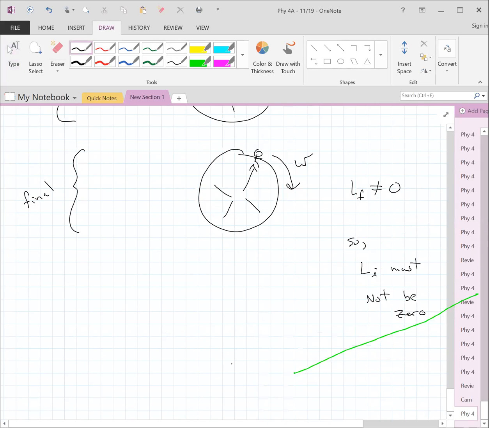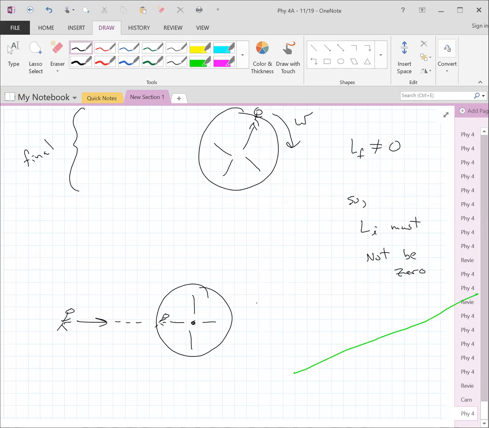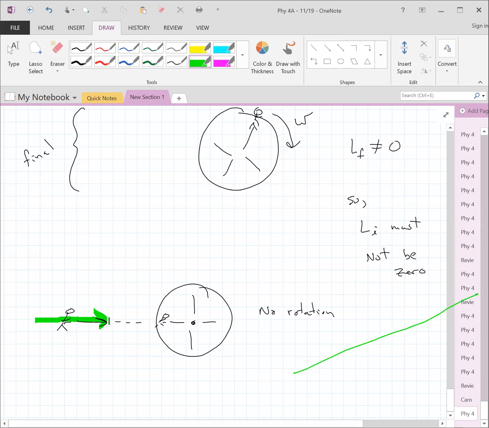The merry-go-round is sitting there at rest. The kid is running, jumps, lands on the merry-go-round. Does the merry-go-round start rotating? No. Because the line of the kid's momentum went right through the axis of rotation.